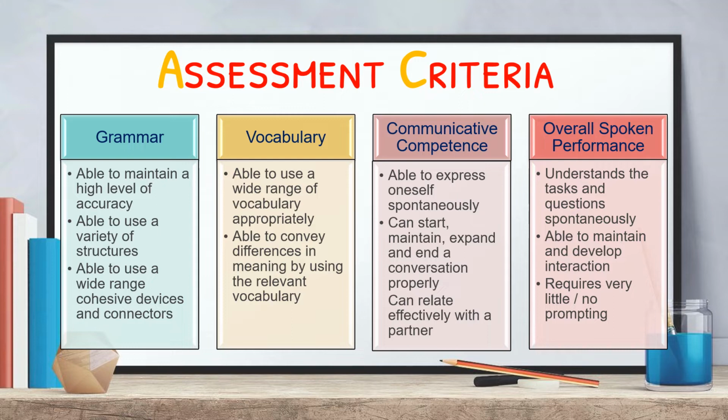Okay, and you are also able to use a wide range of cohesive devices and connectors. I hope by now you understand what cohesive devices and connectors are. So for this criteria, you need to know the difference when you're using subject-verb agreement, when you're using different tenses, and all that.